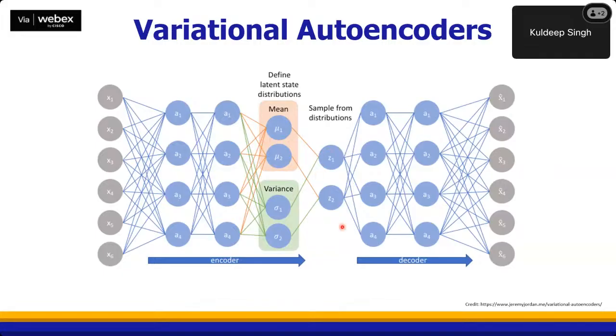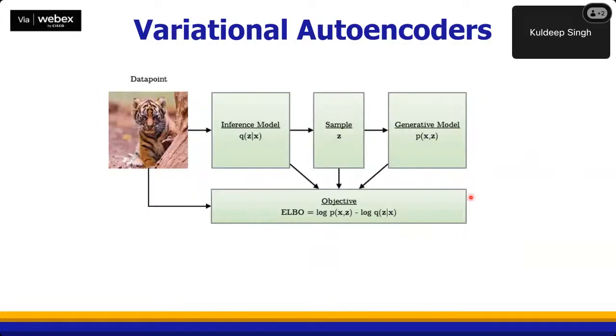Fine. And then by using these mean and variance, we have a probability distribution. We will sample from this distribution and reconstruct it with the help of the decoder network. Fine. So this is just the depiction here.